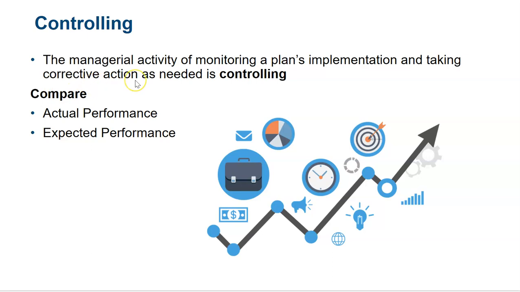We may have to take some corrective action, or maybe the plan is not being implemented and we're going to take corrective action. We call this controlling. Okay, so it says compare, for example, what we expected, probably could rearrange these, what we expected to happen in the planning phase with what actually did happen.